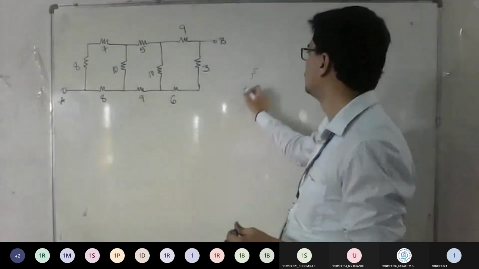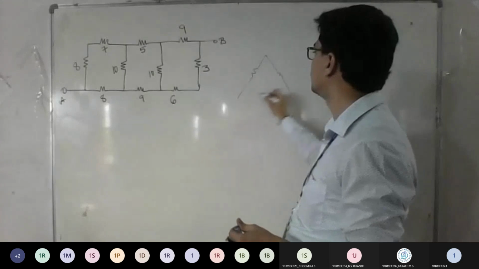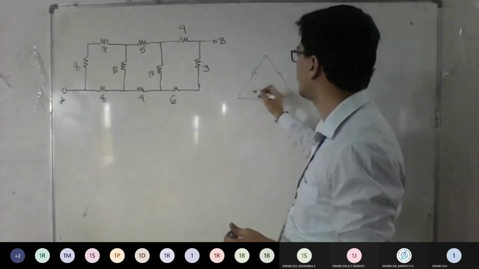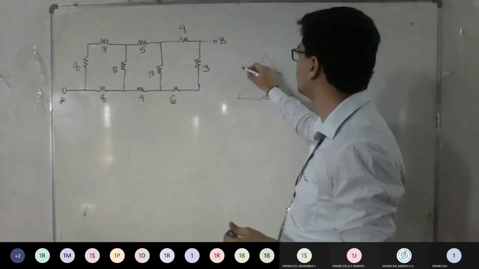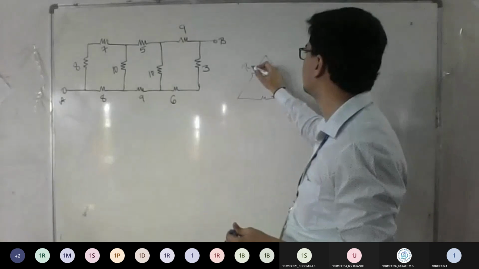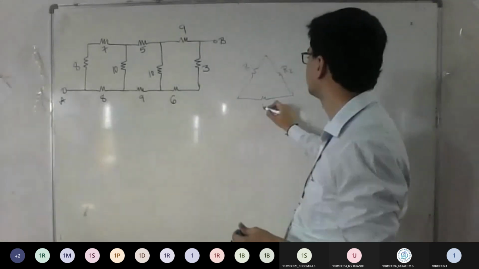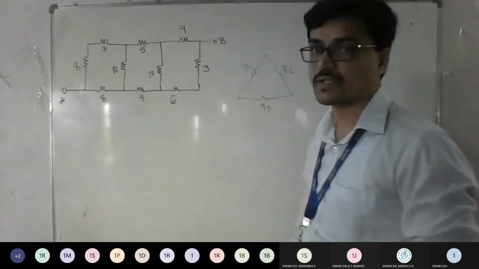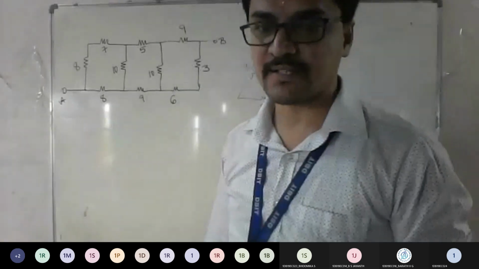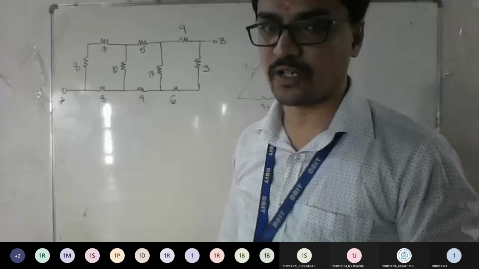So assume that this is the given thing, right? So you can mark the things R1, R2, R3, now what I gave. So what was the terminology I gave in the class? Is it RA, RB, RC or R1, R2, R3?